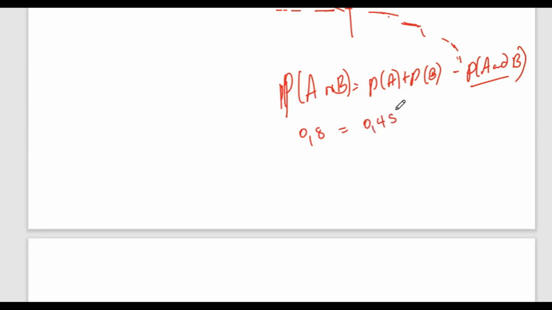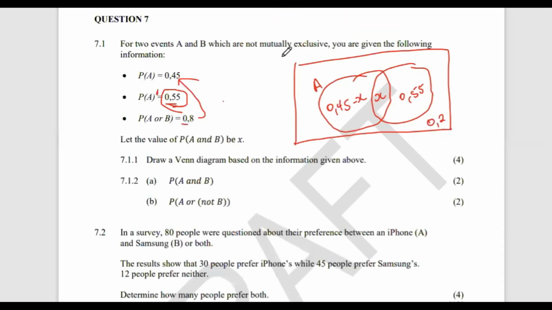Probability of B, the whole of B, I'm going to have 0.55 plus X. So it's going to make sense, because this is like A only.